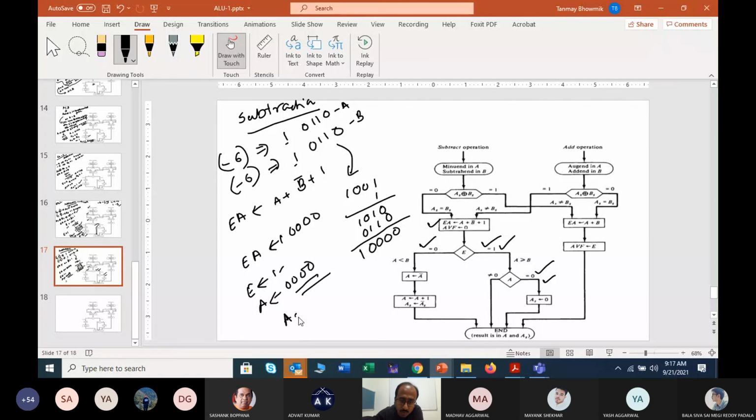So your result will now be AS equals 0 and A equals all 0. So this was the example of when you take all equal numbers and you get a 0 in the result.